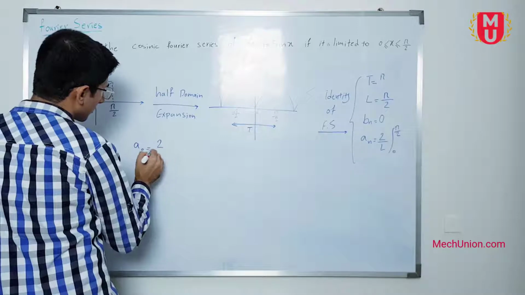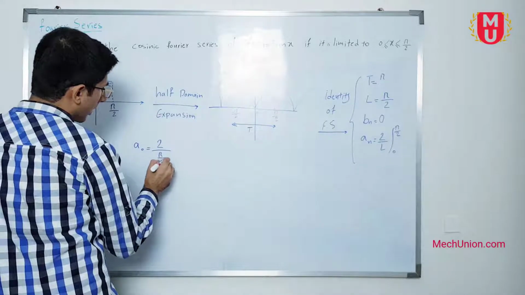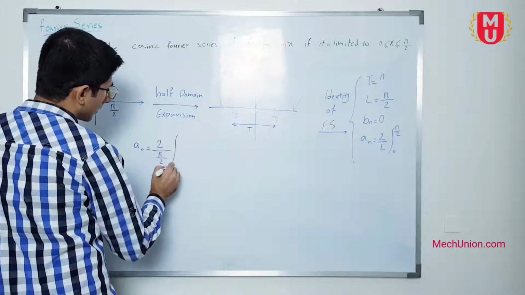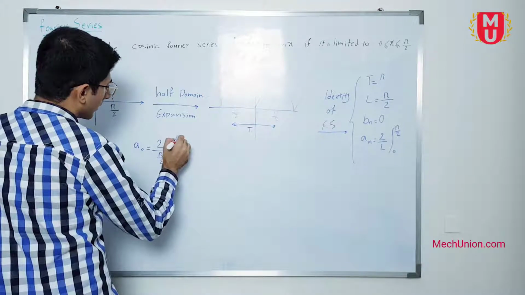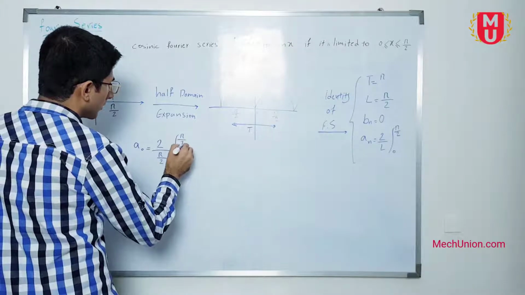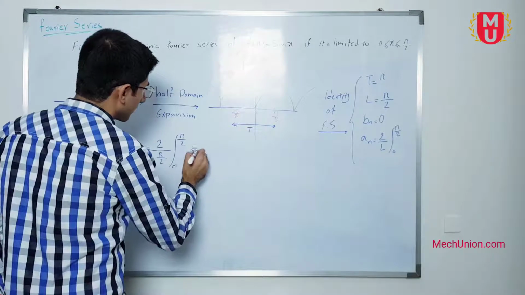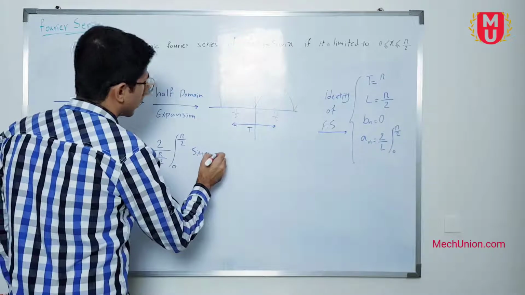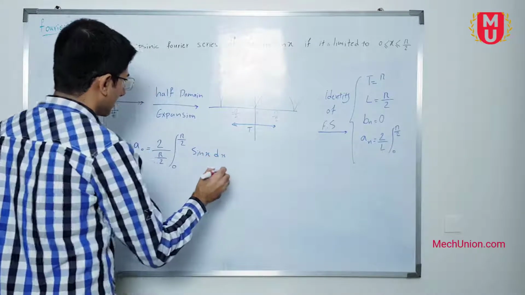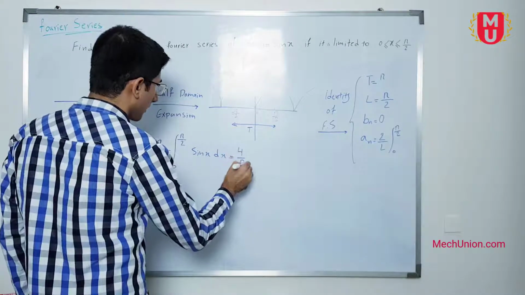A naught equals 2 over L over 2, pi over 2, integral of this pi over 2. Our function is sin x d of x, which is 4 over pi.